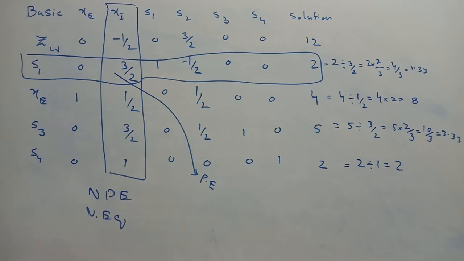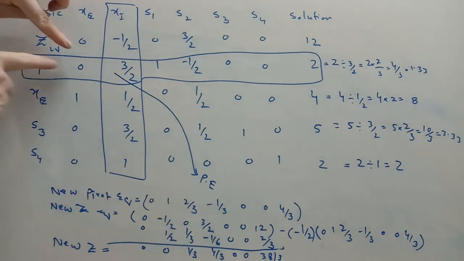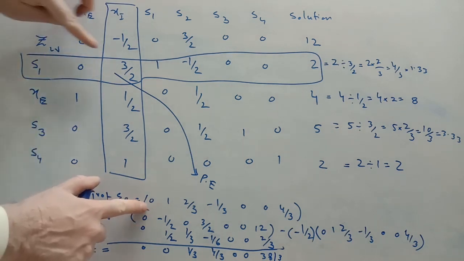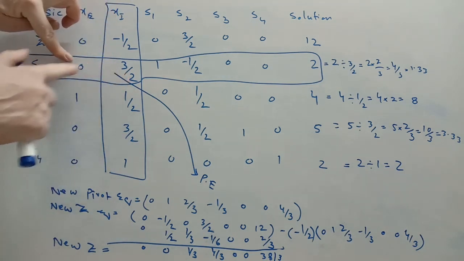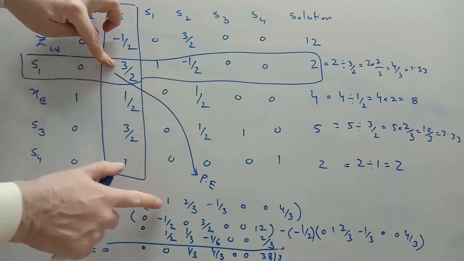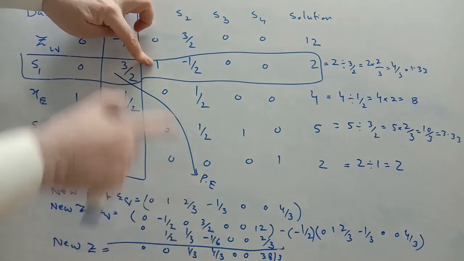So for your convenience, I am just solving your new pivot equation and new z equation. So just hold on please. New pivot equation: old pivot equation 0, 3/2, 0 divided by 3/2, ultimately it will be 0. 3/2 divided by 3/2, it will be 1. 1 divided by 3/2, it will be 2/3.